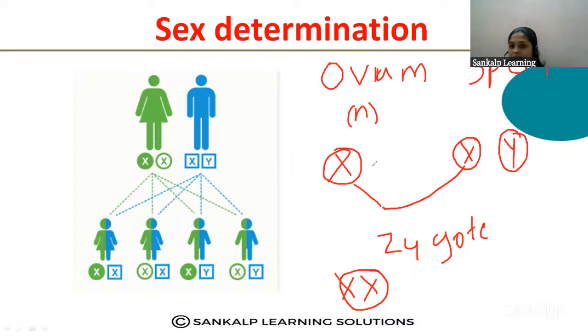The ovum always contains the X chromosome. So this ovum fuses with the sperm that contains the Y chromosome, and the zygote contains the XY chromosome. If the zygote contains XY chromosome, will it develop into male or female baby?